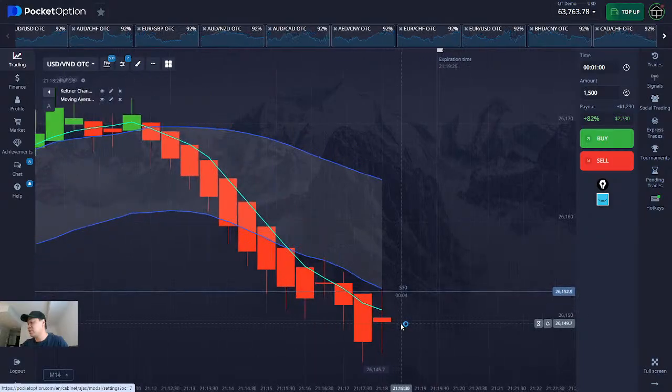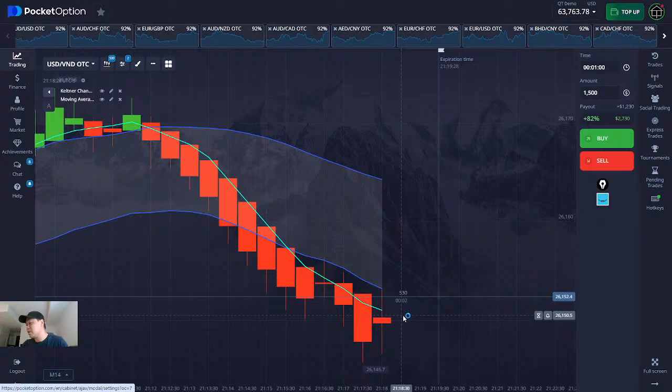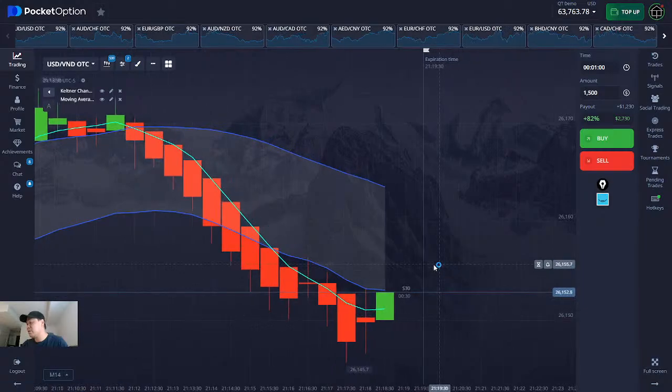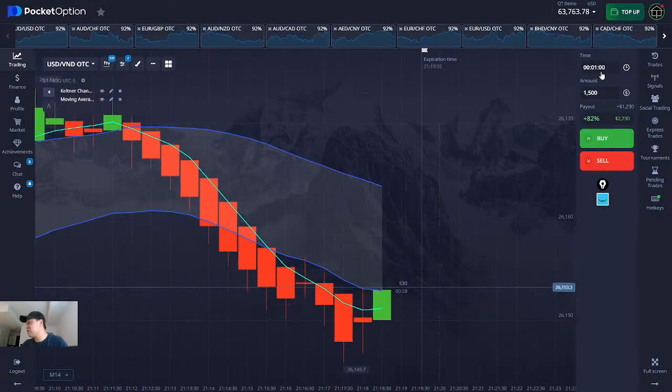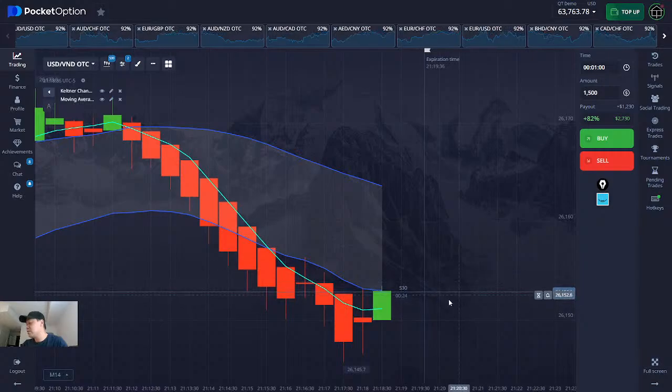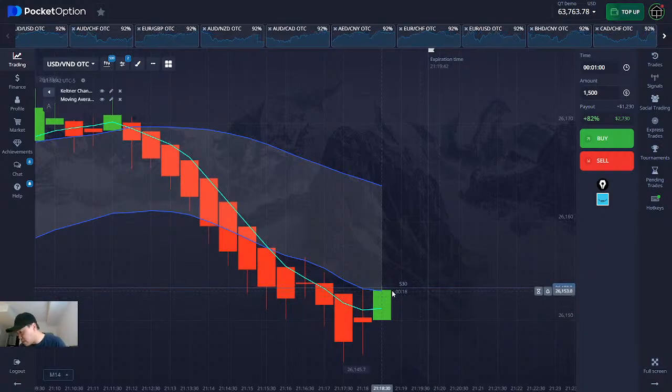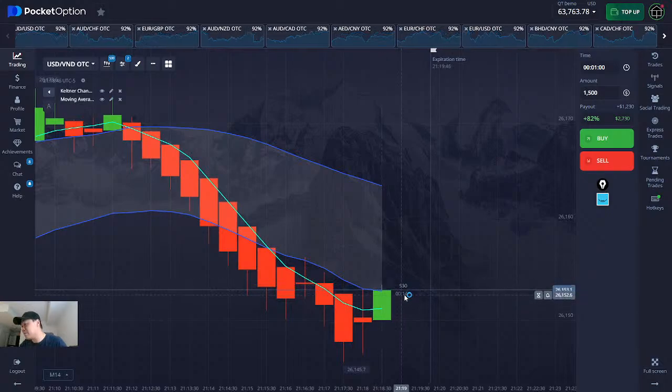Nice doji. We can try a reversal instead of trend continuation. Let's see. Do I want to do that? Look at how he hesitates. This is like gambling. We're gonna go up, we're gonna go down, we're gonna go up, we're gonna go down.